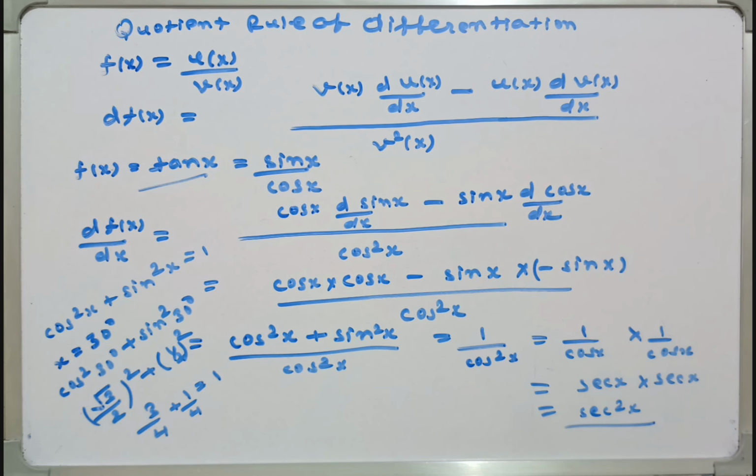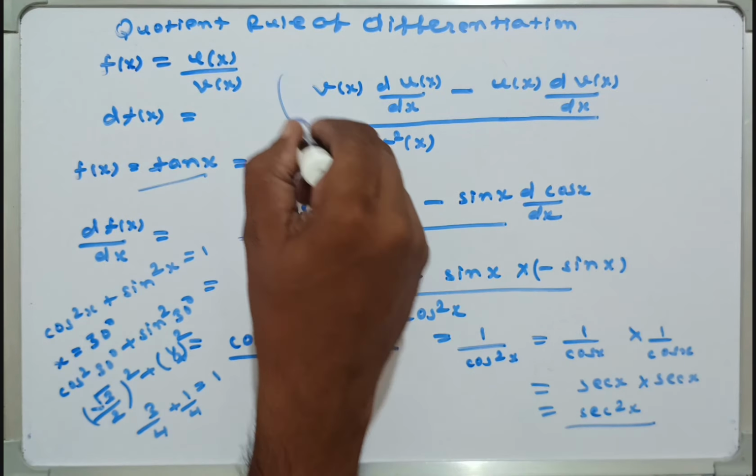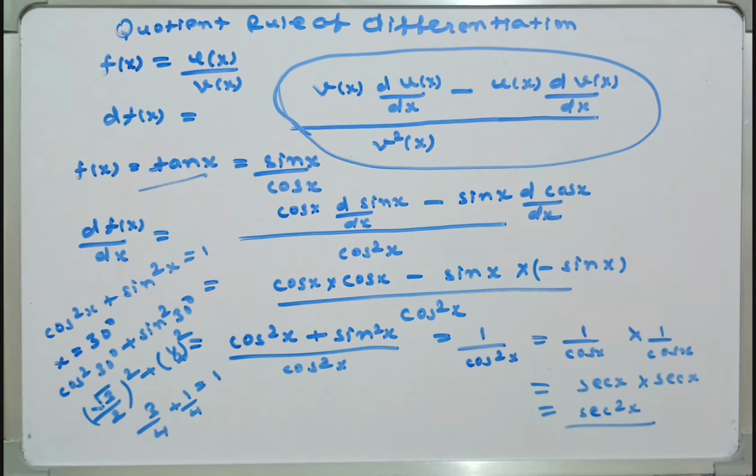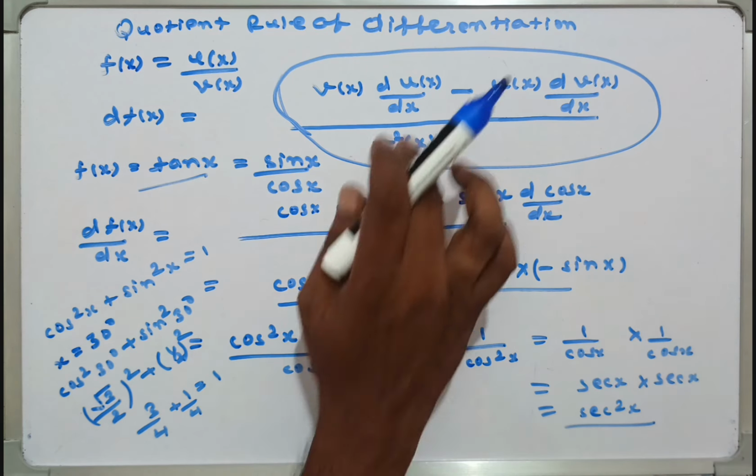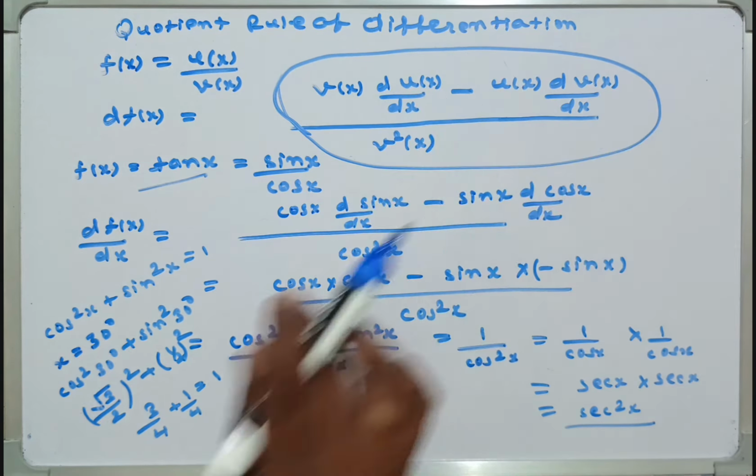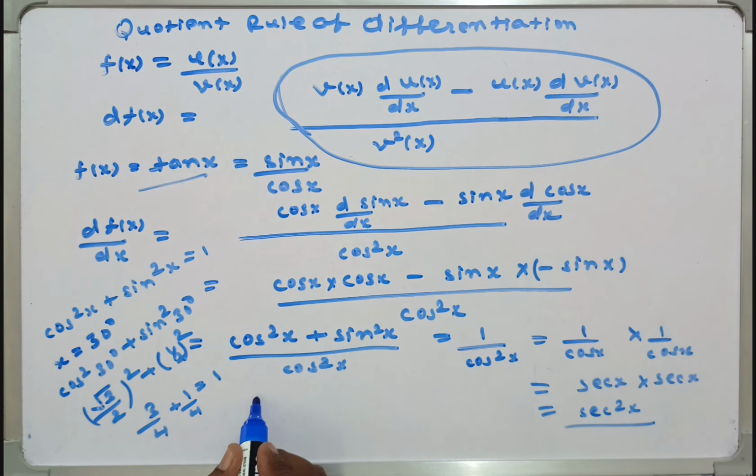Guys, anytime you forget this rule, how could you check this, this is u(x), this is v(x)? So simply what I do, in my early study days, suppose we consider f(x) as 1 by x. Okay, so its differentiation is coming, minus 1 by x square.